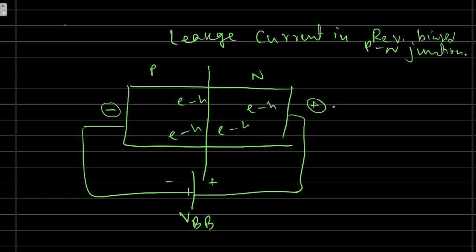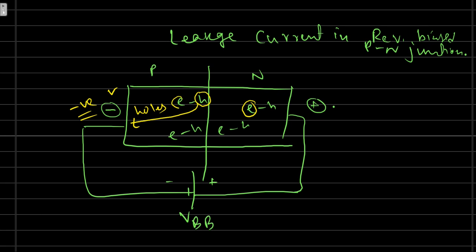Then what can we expect? On this side we are applying the negative terminal, so the generated holes will move towards this, because this side is connected to the negative terminal of the battery, and holes are attracted towards it.